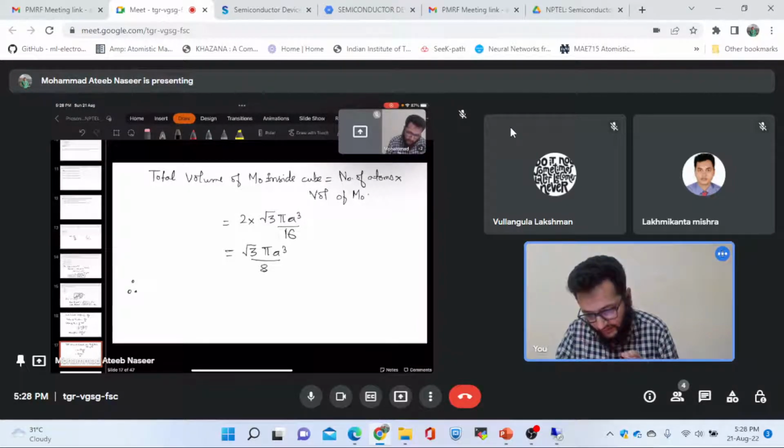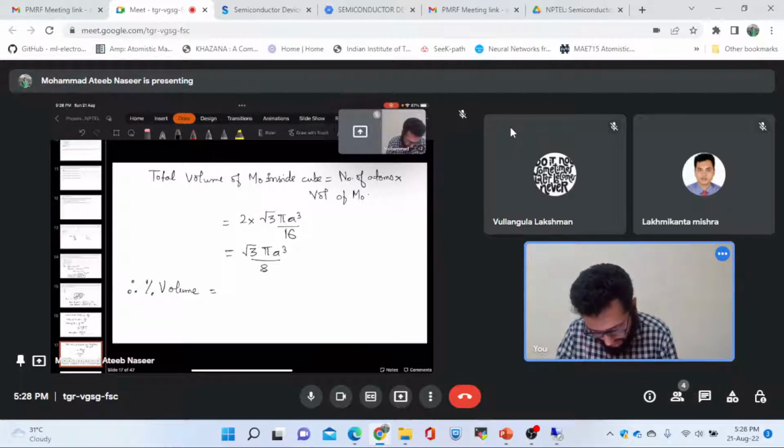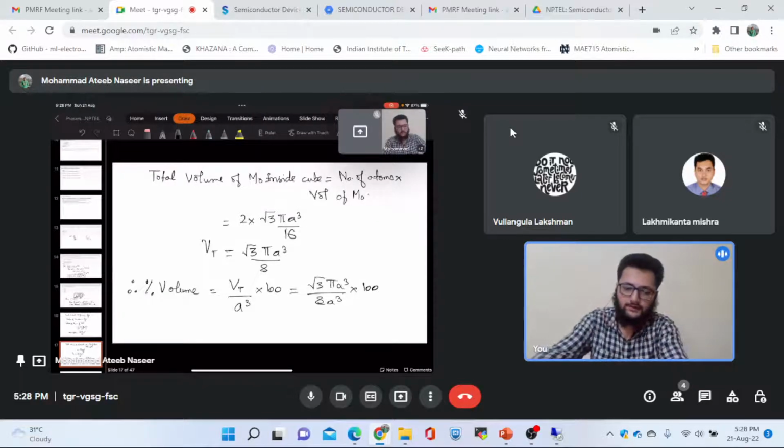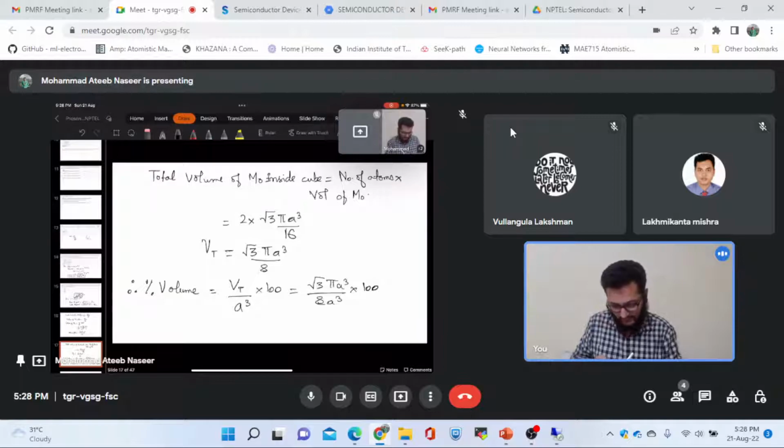Now since we are required to find the volume in terms of the percentage of the volume occupied by the whole cell, the percentage volume will simply be equal to VT, the total volume, divided by the volume of the cube into 100. So this will be equal to root 3 pi a cube divided by 8 a cube into 100. Now let us evaluate this.